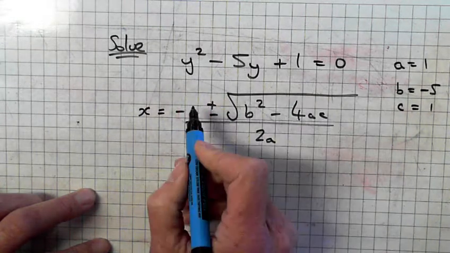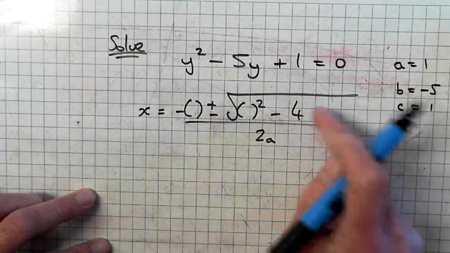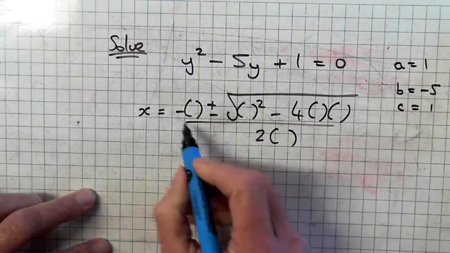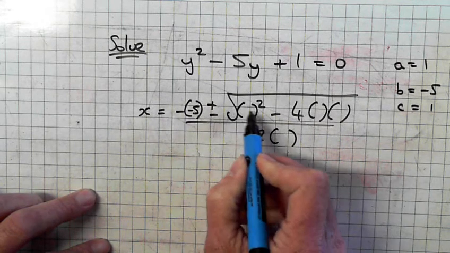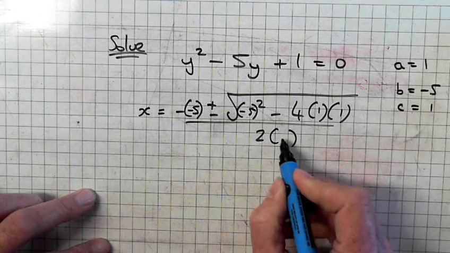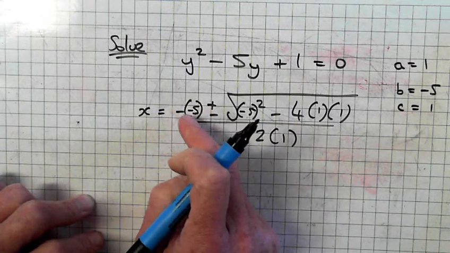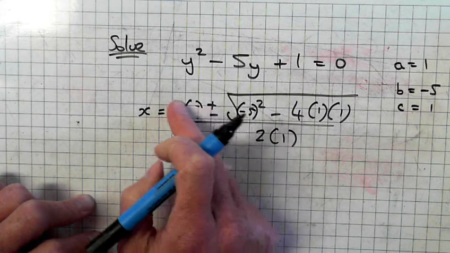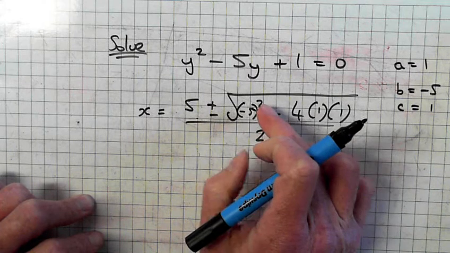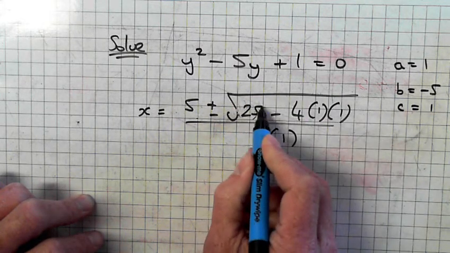Alright, rub out your letters and place them in brackets. b is minus 5, a is 1, c is 1, and a is 1. So this becomes minus times minus, that's plus 5. Minus 5 squared means minus 5 times minus 5. It's 25.